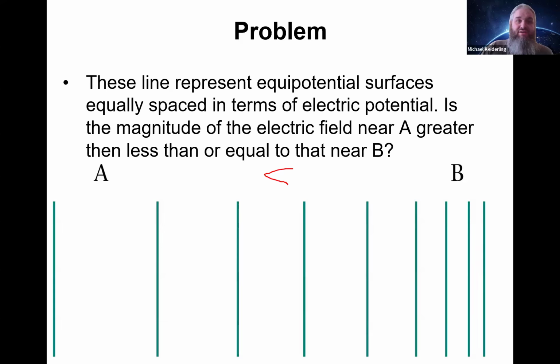Bigger electric field because of closer spaced equipotential surfaces. Smaller electric field because of further spaced equipotential surfaces.